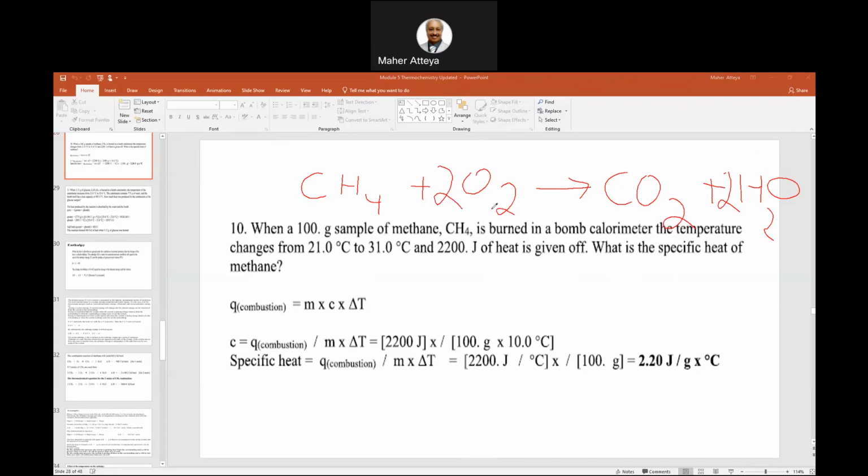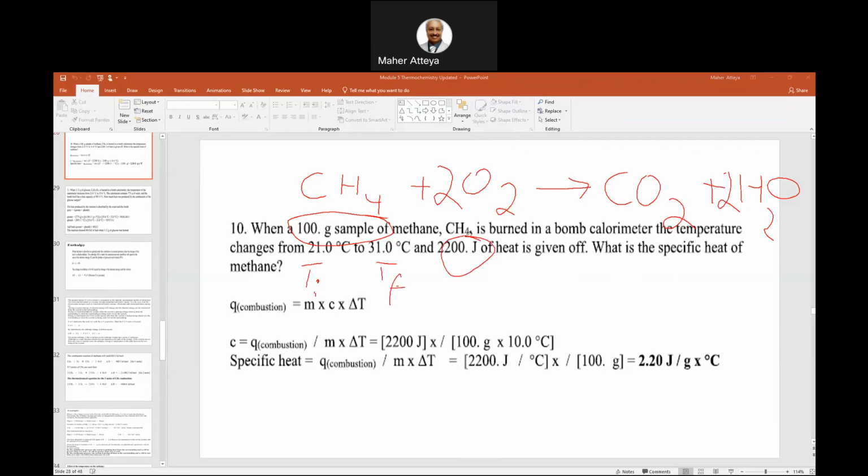So you have 100 grams of the sample in the bomb calorimeter, and you have T final and T initial, correct? And this gives you the amount of energy coming out of this combustion.